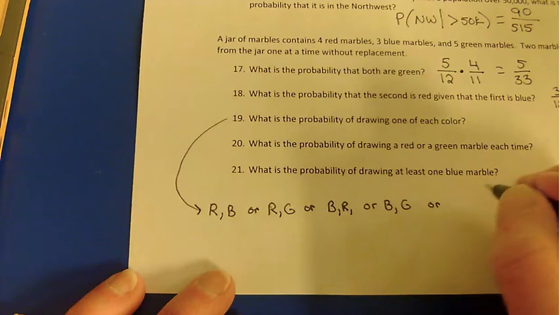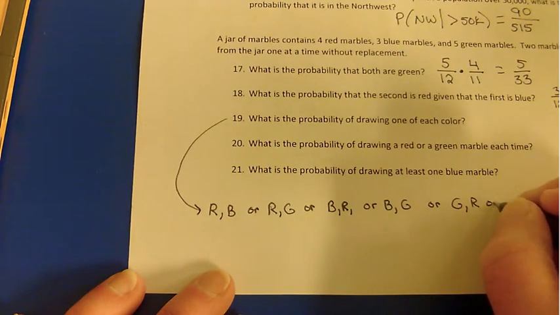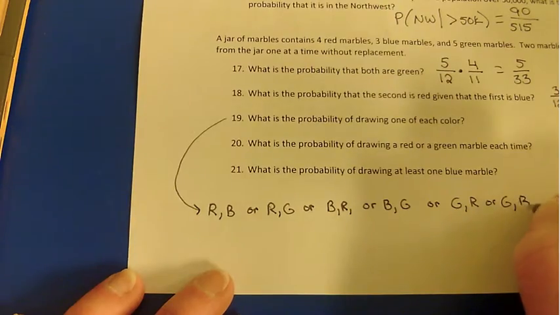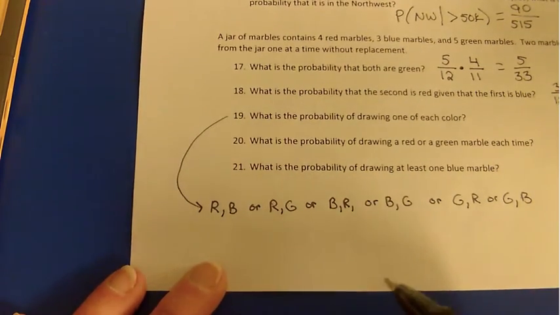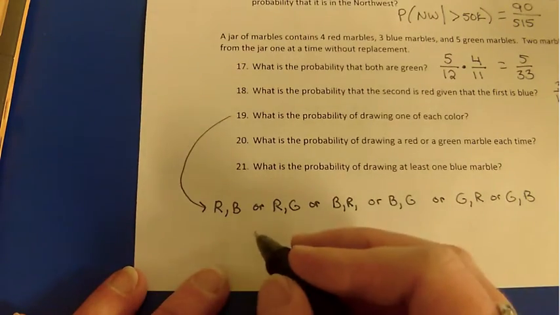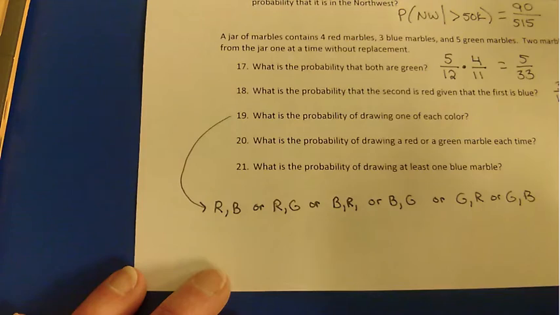Or I could grab a green one first, then a red, or a green one first and then a blue. There are 6 different ways that could happen. So I have to find the probability of each of these and then add them all up.